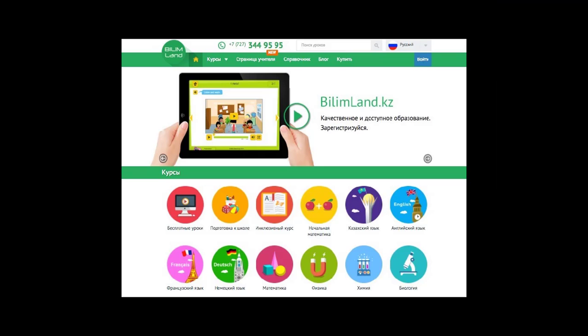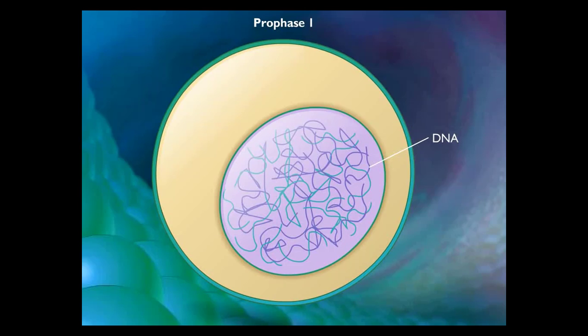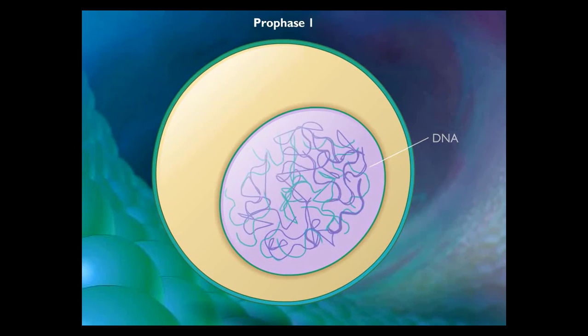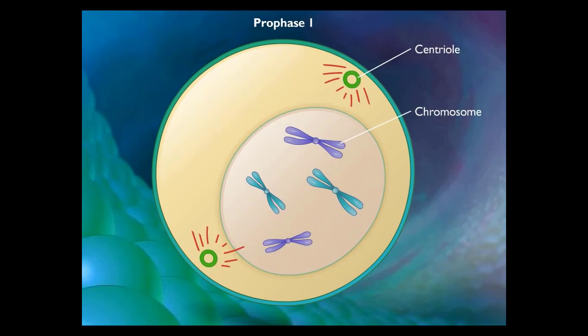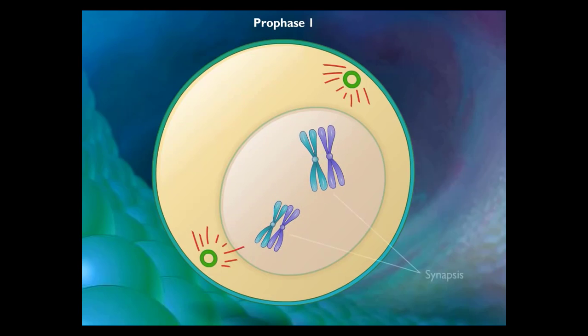Let's watch and compare mitosis and meiosis. What kind of phases occur? In prophase 1, the DNA coils tightly and individual chromosomes become visible under the light microscope. Homologous chromosomes become closely associated in synapsis and they exchange segments by crossing over.